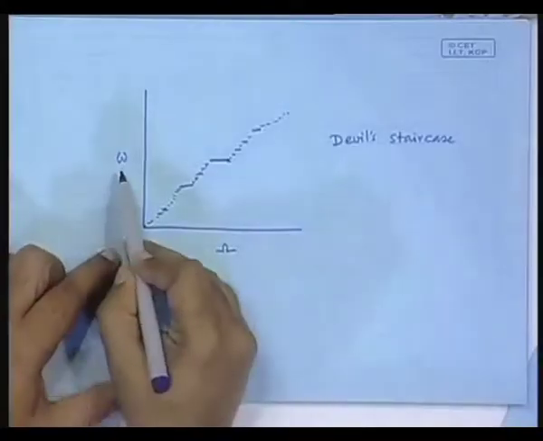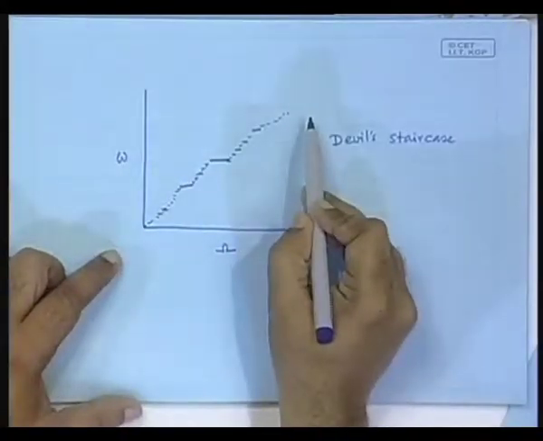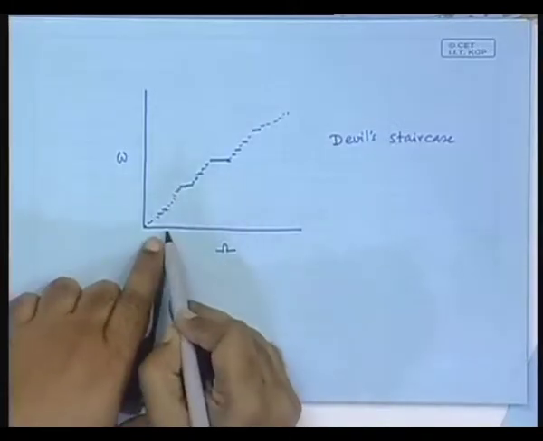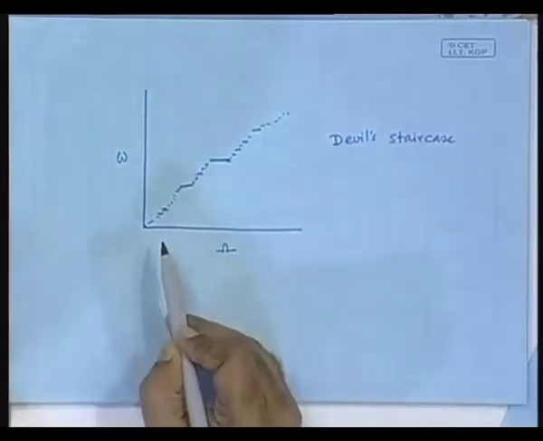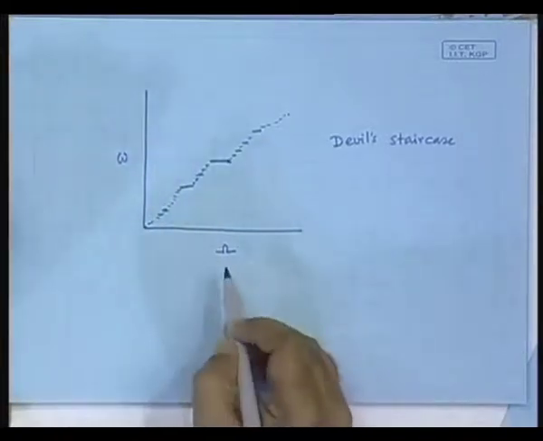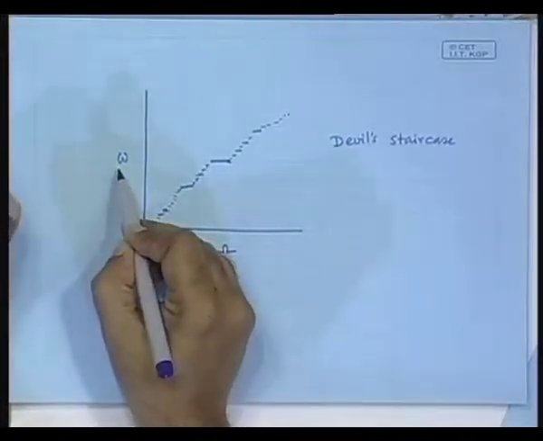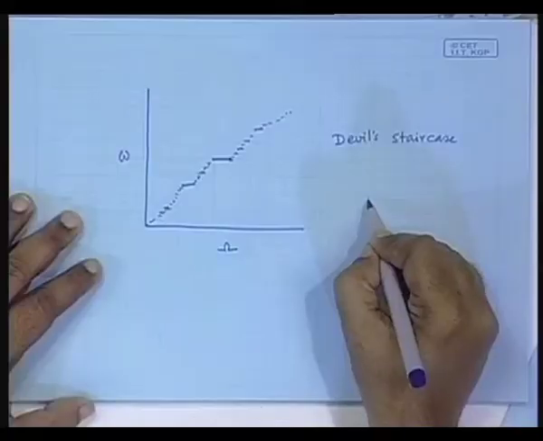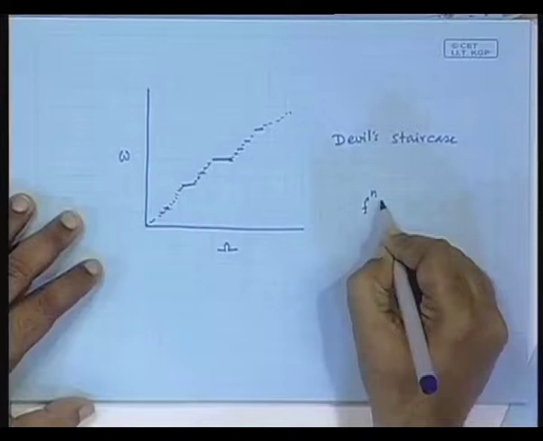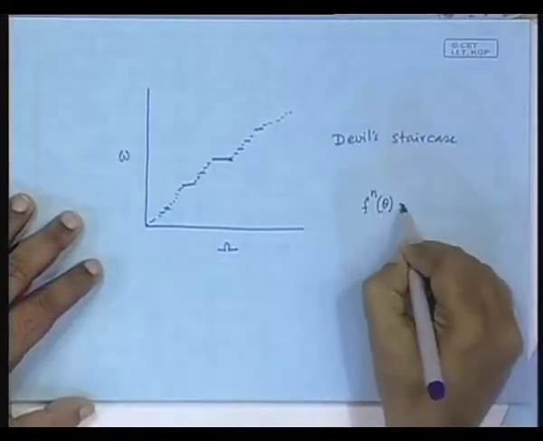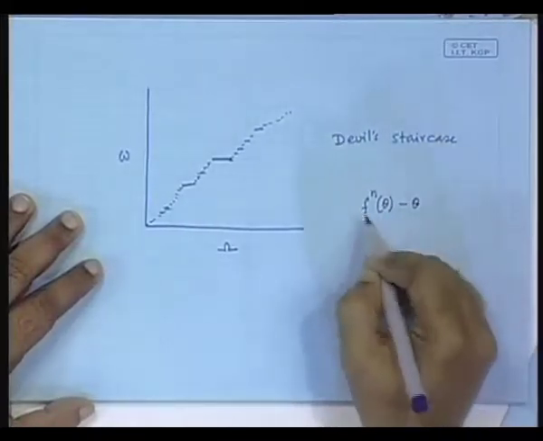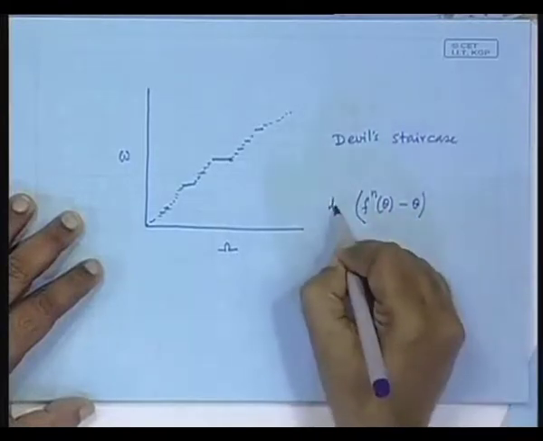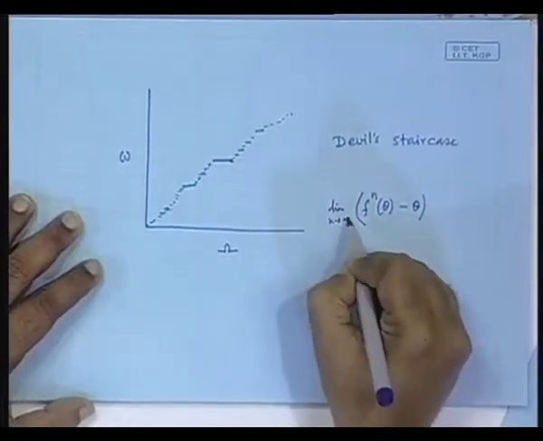How will you actually calculate this? Omega is a parameter. For every value of omega, you will have to calculate W. How will you calculate W? The average number of turnings. So, you will have to take Fn of theta minus theta, and take the limit n tends to infinity.